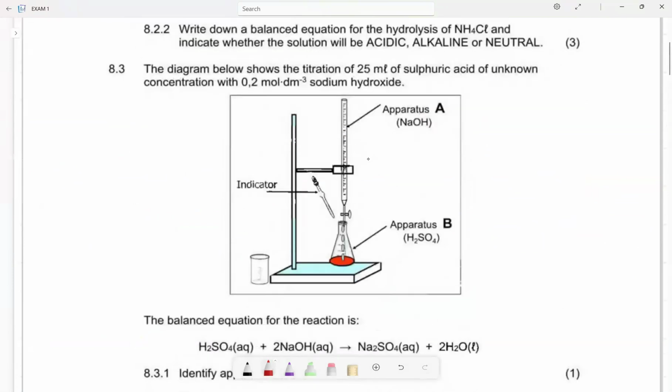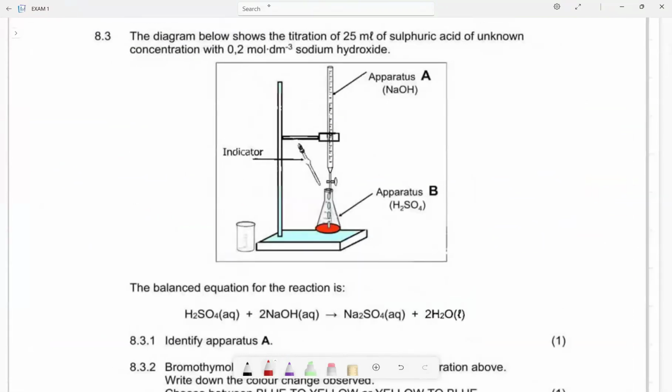The diagram below shows the titration of 25 milliliters of sulfuric acid of unknown concentration with 0.2 sodium hydroxide. Remember what titration is: it is the process whereby an unknown solution is determined using a standard solution.